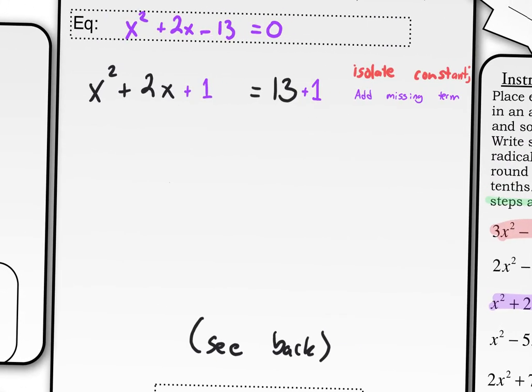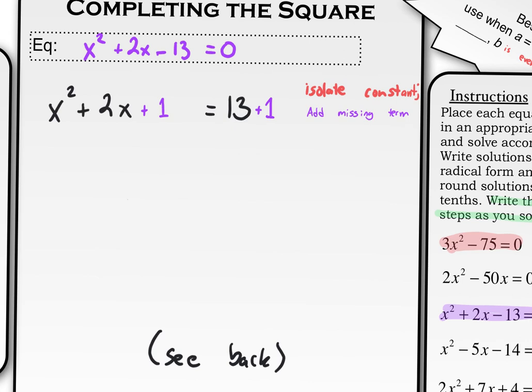Again, if your handwriting is such that you don't have enough room, then put the words under, or do this on a separate sheet of paper or on the back. But again, the key is keep yourself organized and make sure you're using words when you explain. Now, I'm not going to do all of this, but I will walk through a few more steps, or at least partial steps. Notice that this left side here will always become a perfect square. And let me explain what I did there.